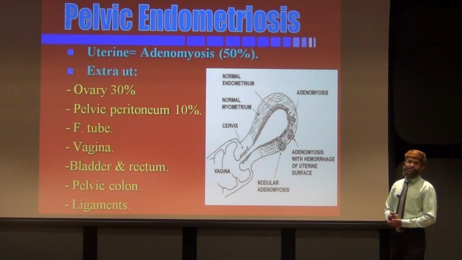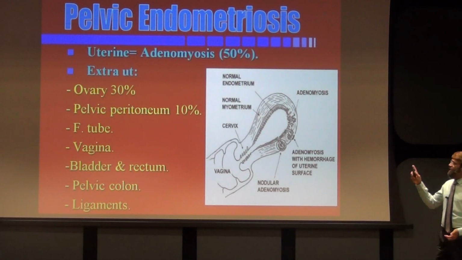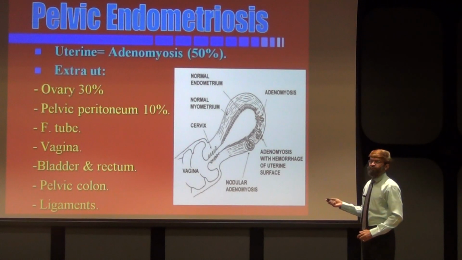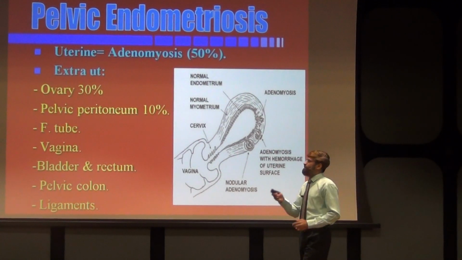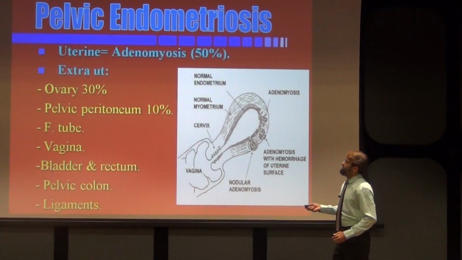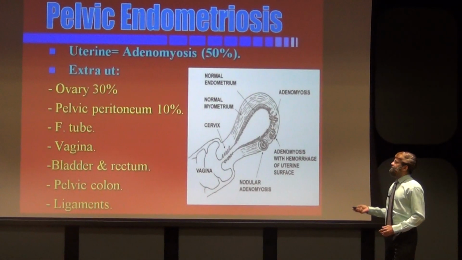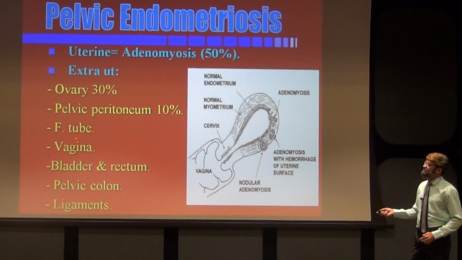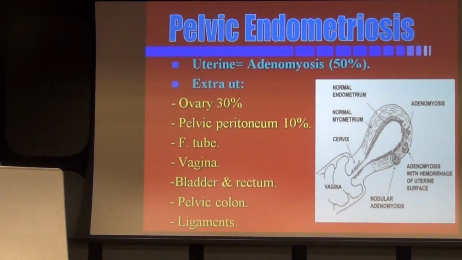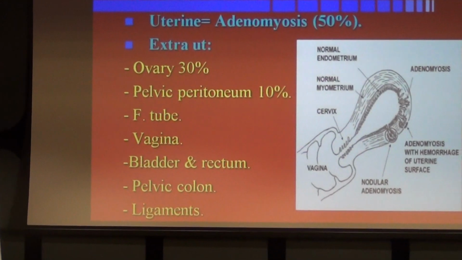If it's extrauterine, then it is called endometriosis externa. In endometriosis externa, in the pelvic cavity, the involvement of the ovary is 30%, pelvic peritoneum maybe 10%, and other areas like the fallopian tube, vagina, bladder, rectum, pelvic colon, and ligaments may get involved.